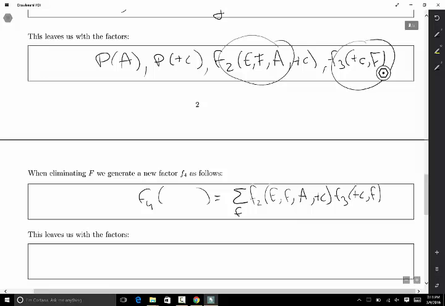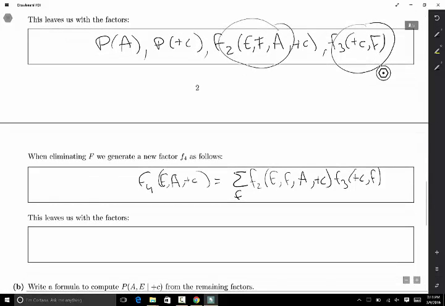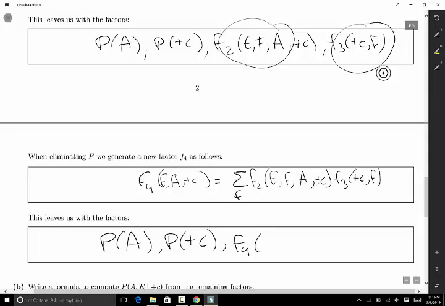So the inputs to f4 are e, a, plus c, and that's it. So the factors we have left are, again, p of a, p of c, and only f4.